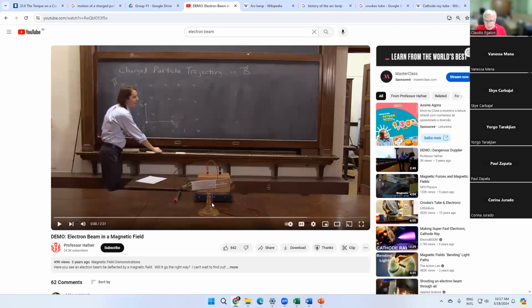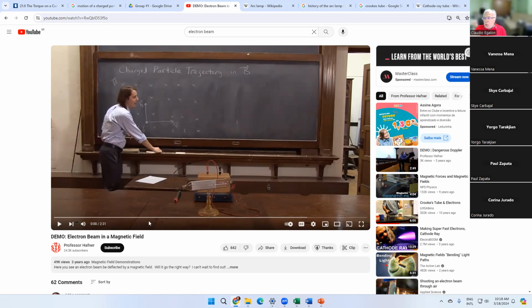What I gotta tell you is that this Crookes tube is capable of generating electrons, an electron beam, from one of those two terminals. We also have a potential difference between those two ends that accelerates the electrons from one place to another, okay?